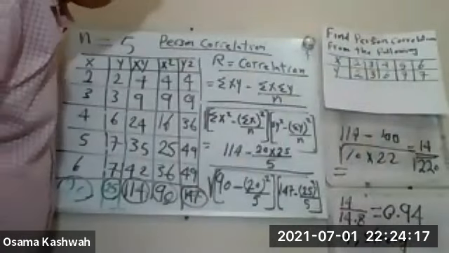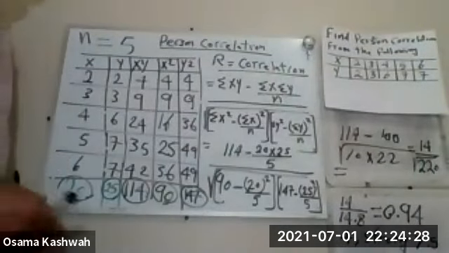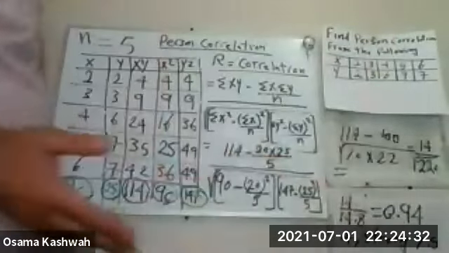It's a positive and strong correlation. Strong, why? Because it is more than 0.5. With correlation, as long as it is less than 0.5, this is a weak correlation.